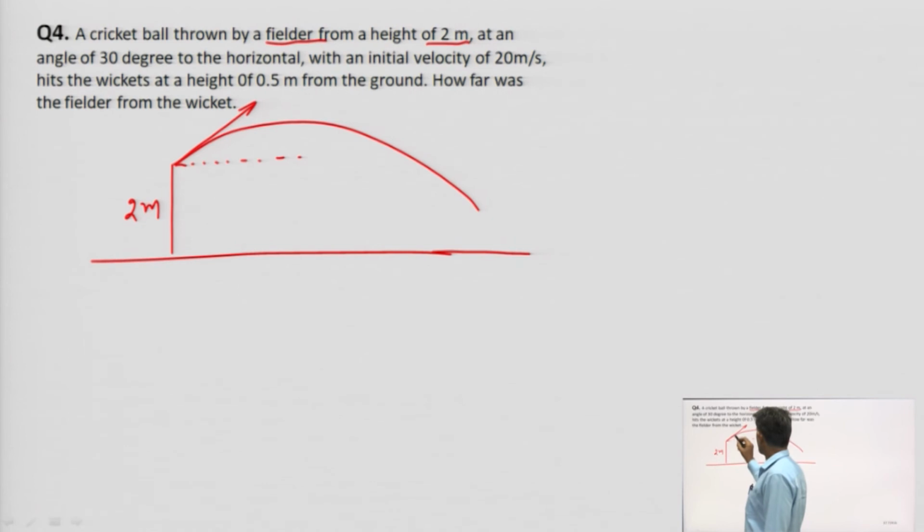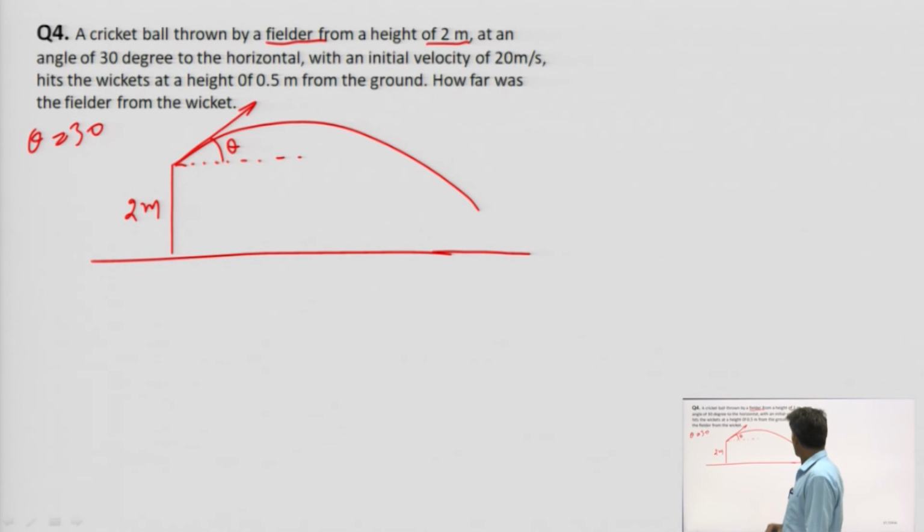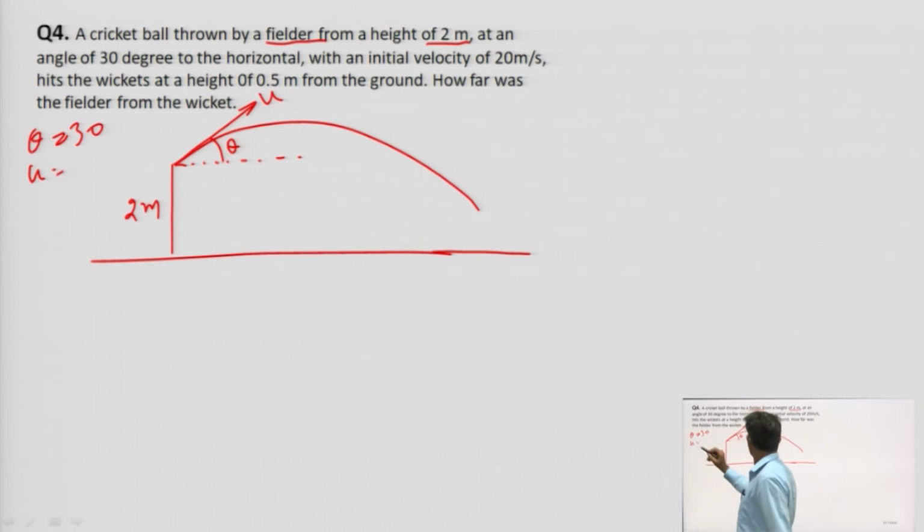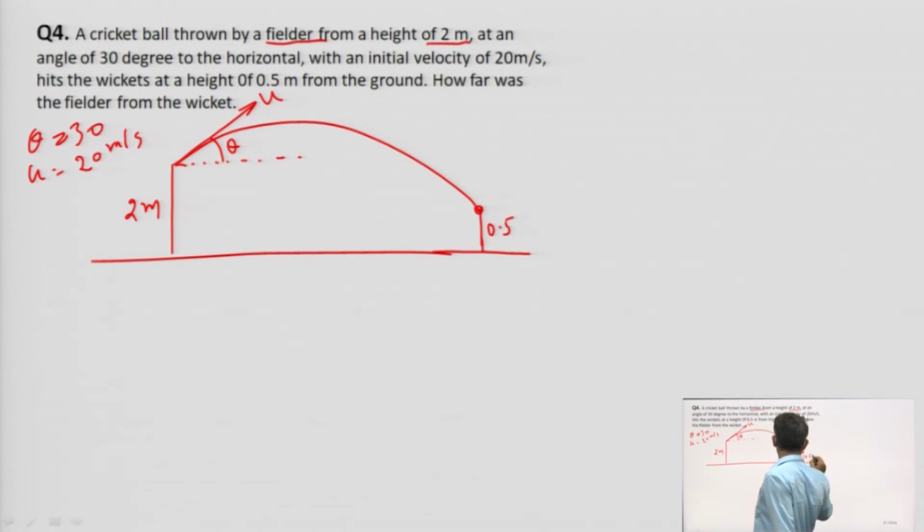So, this angle is theta, it is given as 30 degree, with an initial velocity u, which is known, u is 20 meter per second, and it hits the wicket at a height of 0.5 meter. This is the wicket, and its height is 0.5 meter from the ground.